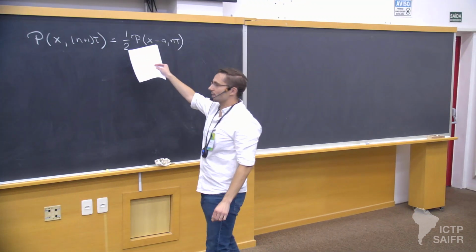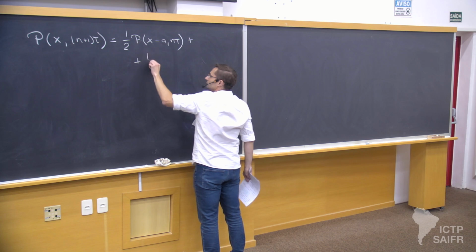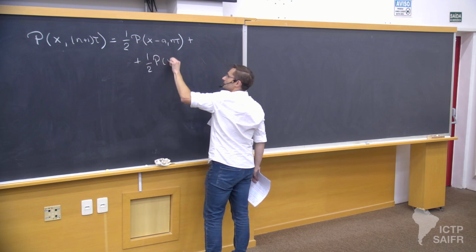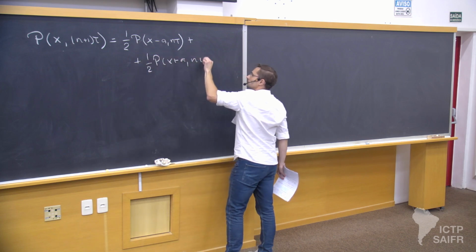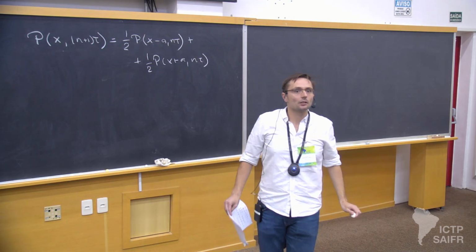Remember that the probabilities are 1/2 always. And the other option is that it was on the right, and it jumped to the left, right? This is very simple, in principle.